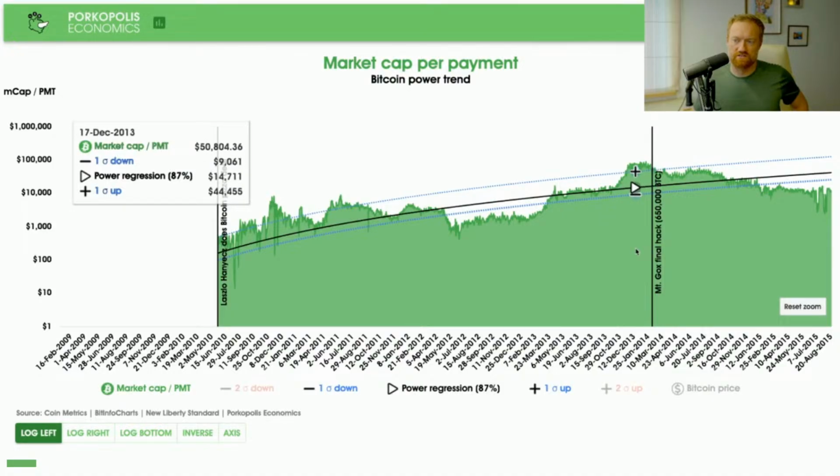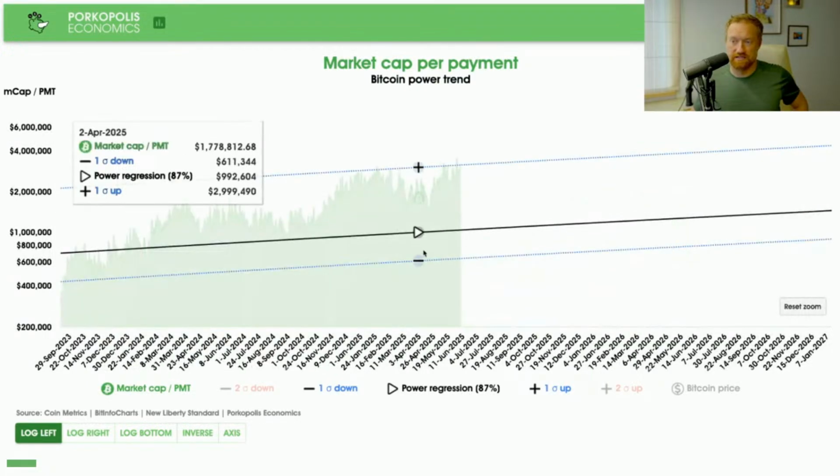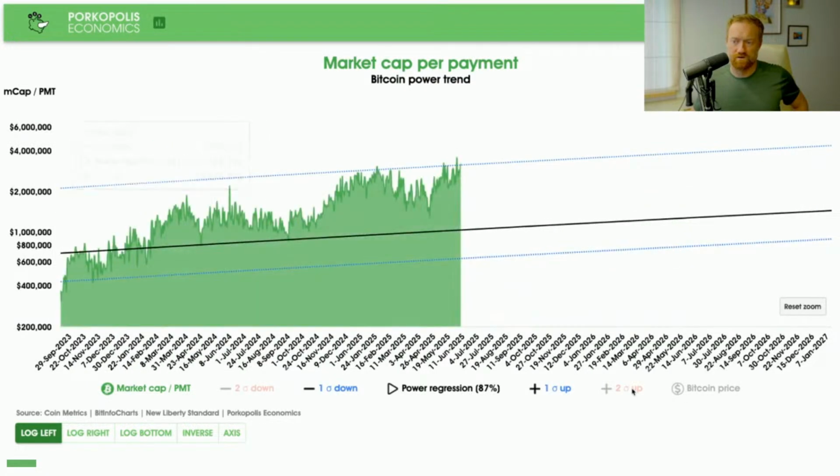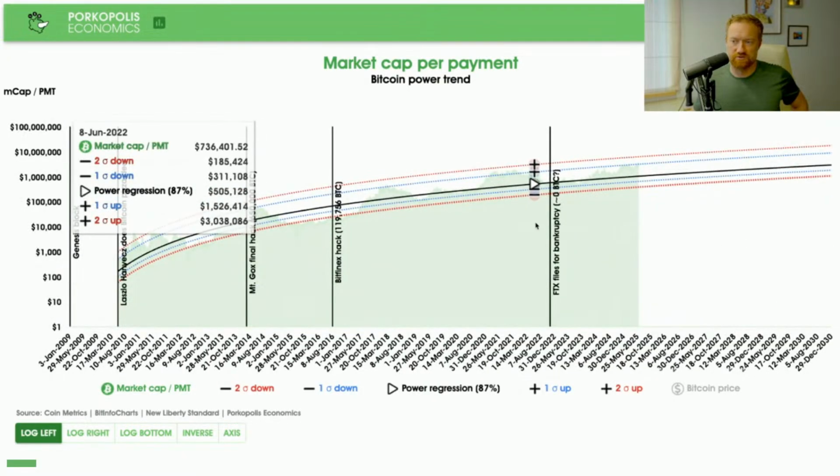All right, so this was above the 1 sigma here in 2013, 17, 2021, and getting above it again. Now let's put the 2 sigma. This one, we see how we have some room.